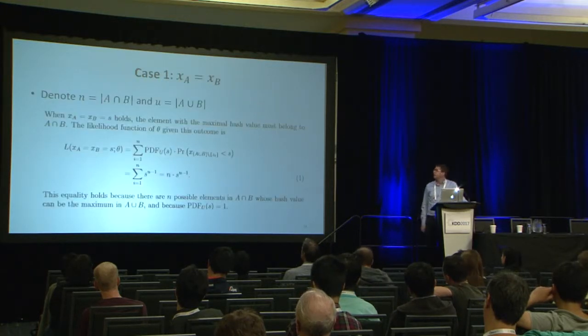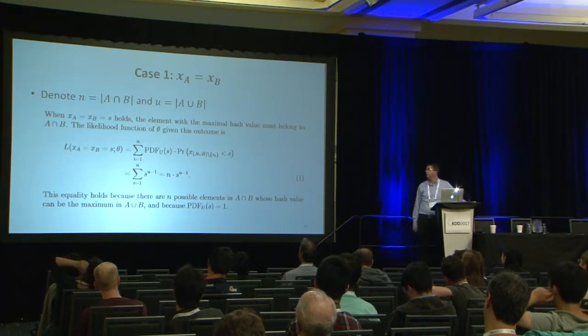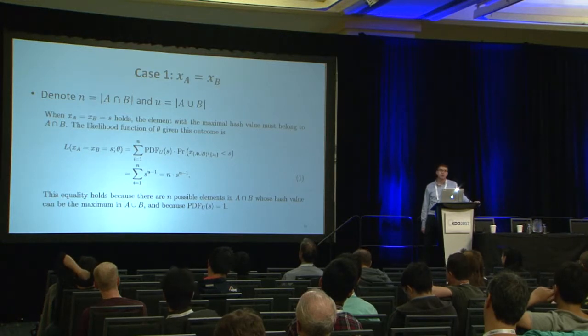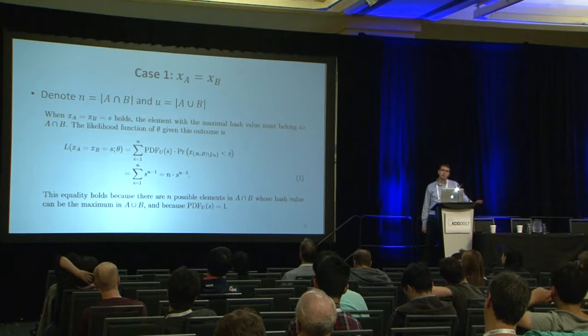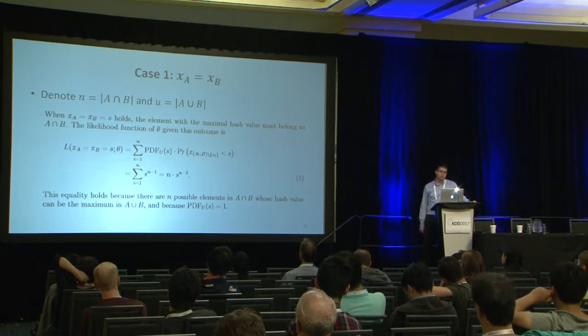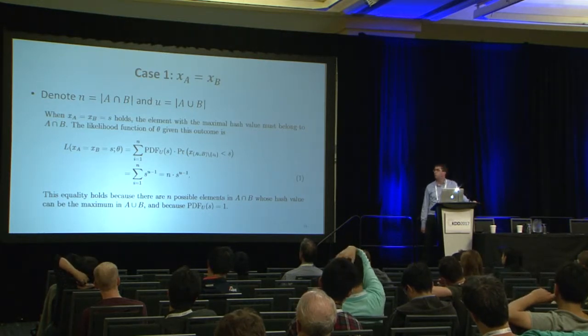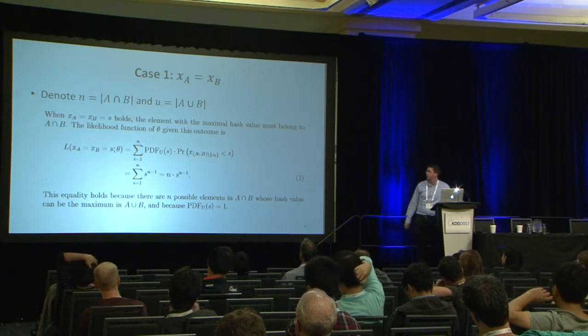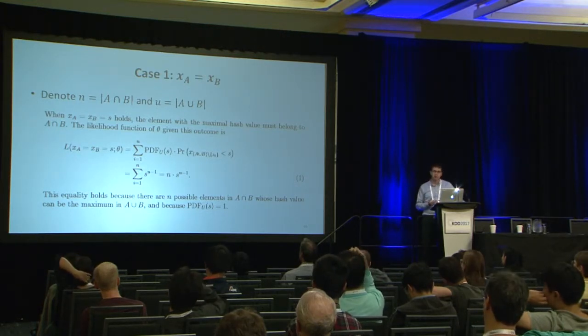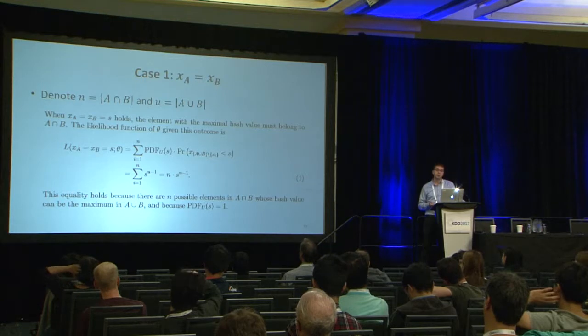For the first case, the maximal hash values are equal one to the other. Let's denote N and U to be the set intersection and set union cardinalities. In this case, the likelihood, given that the two maximal hash values are equal and equal to S, can be obtained by summing over the n possible elements in the intersection.